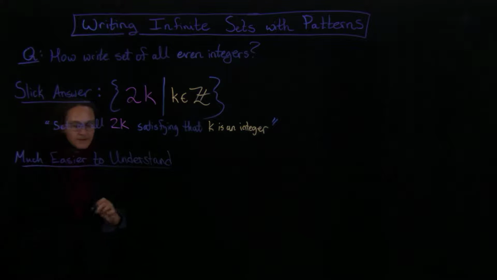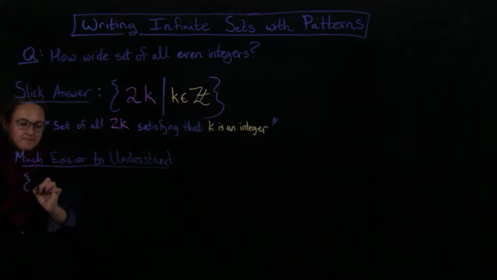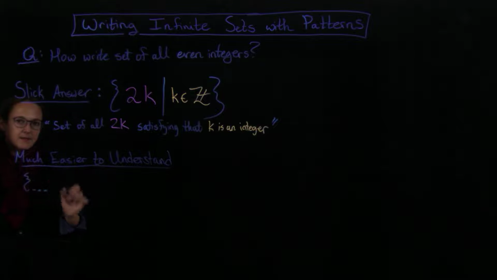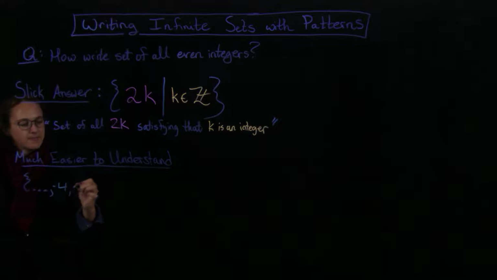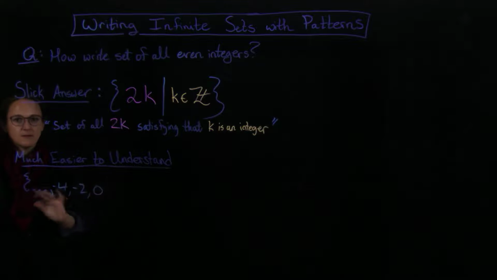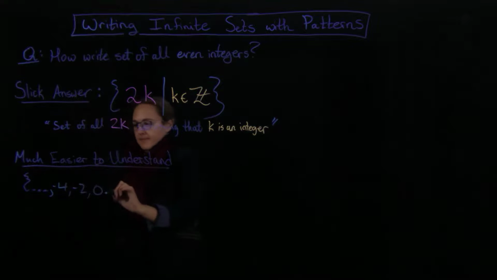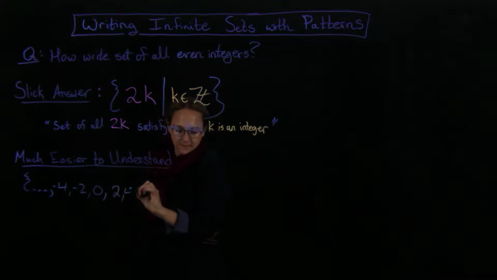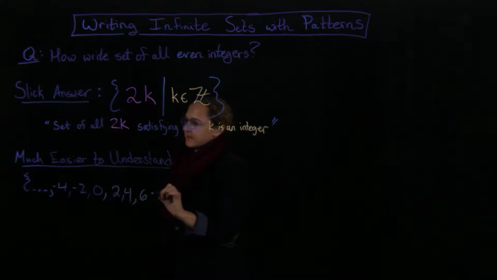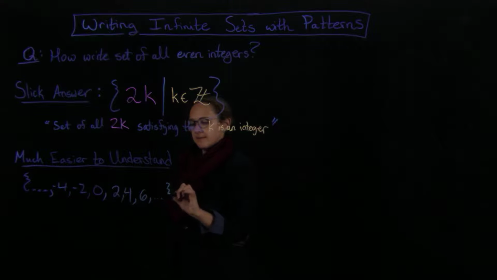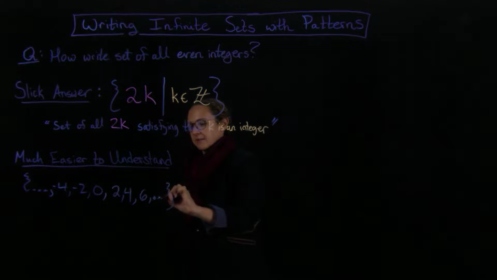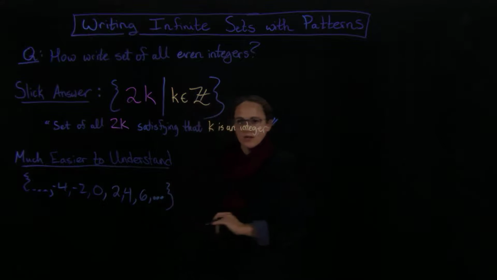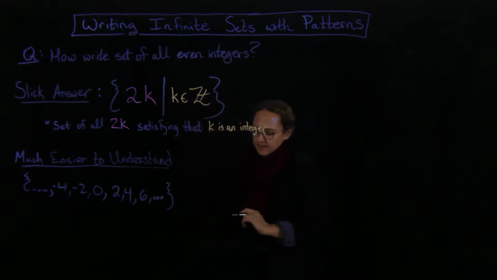We could write a bunch of dots here, which says I'm going to go infinitely far in that direction, and then I'm going to start going through integers like -4, -2, 0, 2, 4, maybe also include 6 here, and then I just keep on going like this. I put dots to indicate that I keep on going, and I make them nice and big to make sure they're very clear.